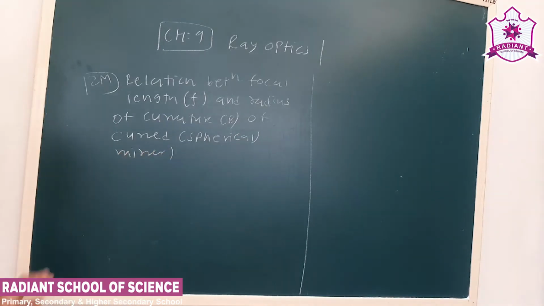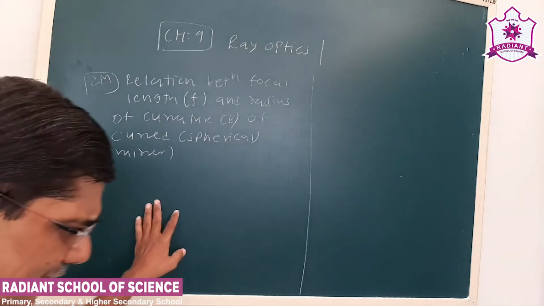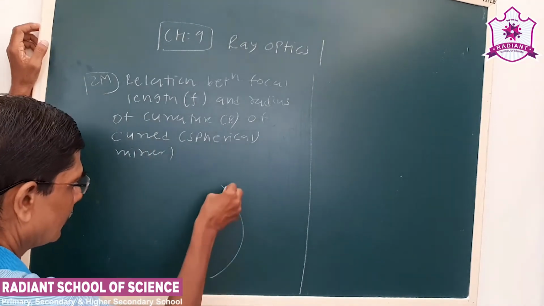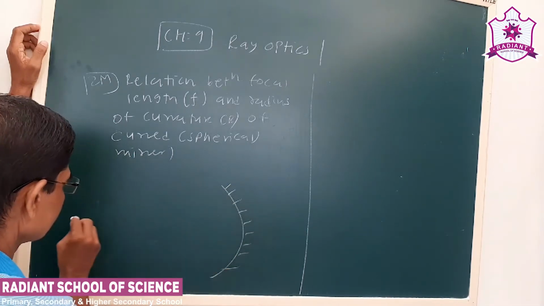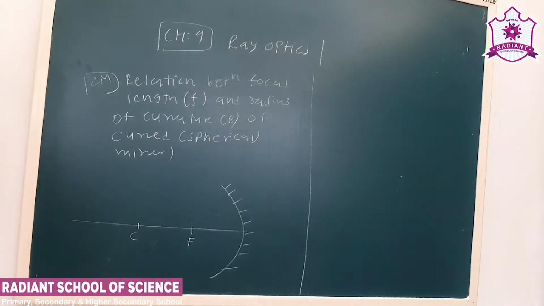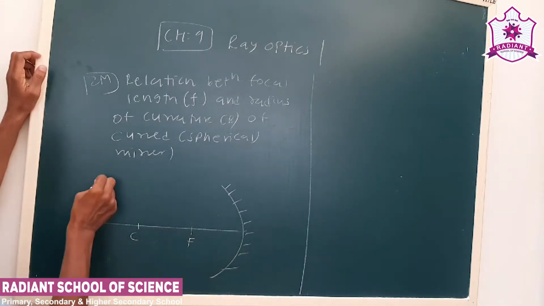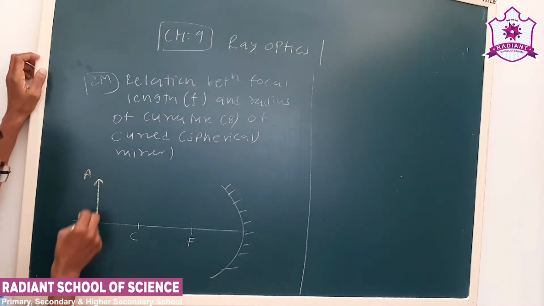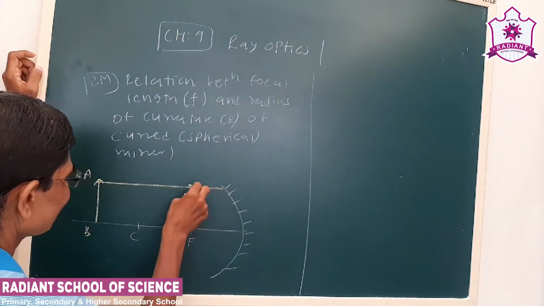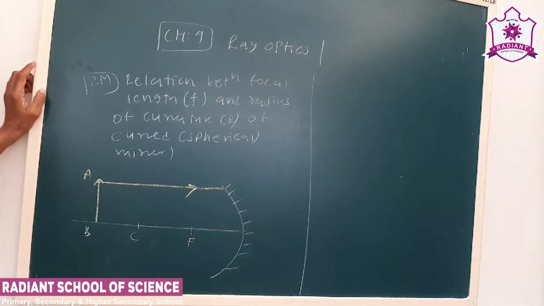Now see, this relation we are deriving with the help of a concave mirror. Now this is a concave mirror. Let us say the first ray is parallel to the principal axis.